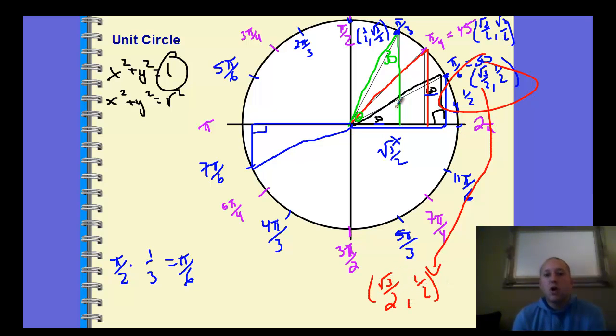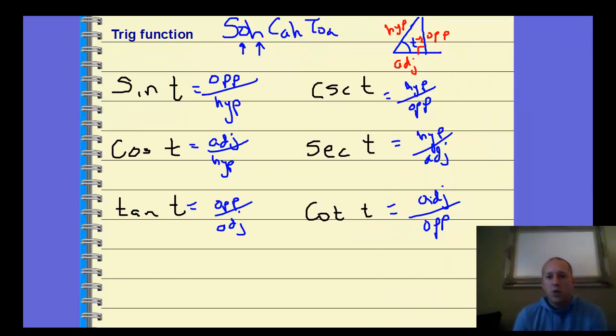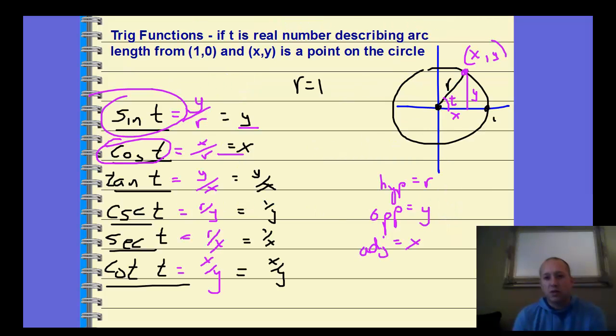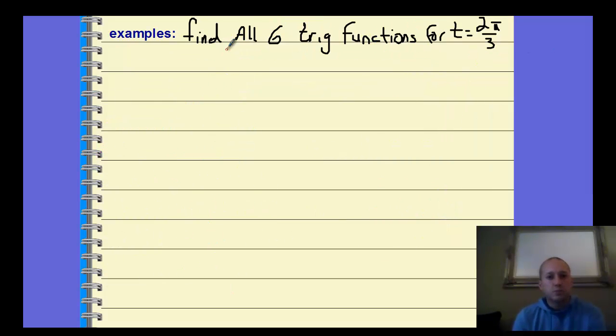And so then we know, as the sine is y over r and r is 1, that this is really the sine and this is really the cosine. So all of these points are giving us the cosine and the sine at the angle measure. So at 30 degrees, I know the cosine is root 3 over 2 and I know the sine is 1/2. That's the sine of 30 degrees and the cosine of 30 degrees. So I'm hoping you start connecting all these pieces together for the unit circle. There's a lot to get there.